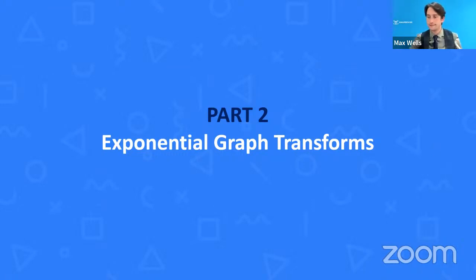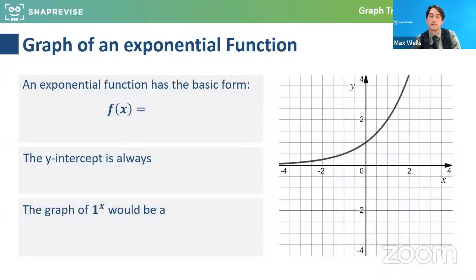So who here has seen an exponential shape before? Who knows what it looks like? So an exponential graph. I think this is very new a lot of the time at A level. This is something sort of the form a to the x, something to the power of x.